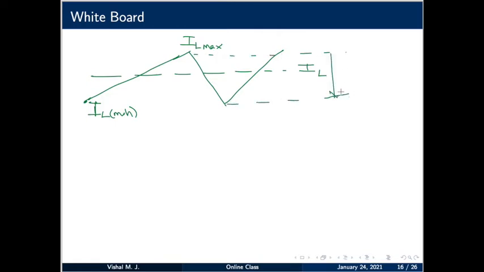This would be the ripple, that is IL maximum minus IL minimum would be the ripple current. Average would be this much. So, what is this? This would be delta IL by 2. And this much is also delta IL by 2. So, that is why in previous lectures we have written IL max is equal to average inductor current plus delta IL by 2. IL minimum is equal to average inductor current minus delta IL by 2.